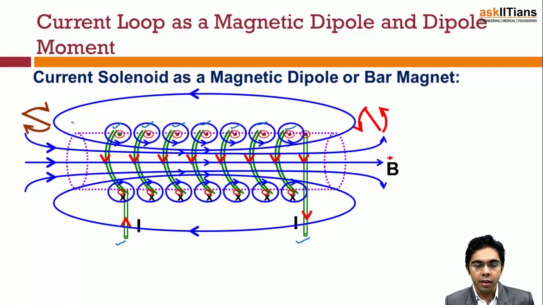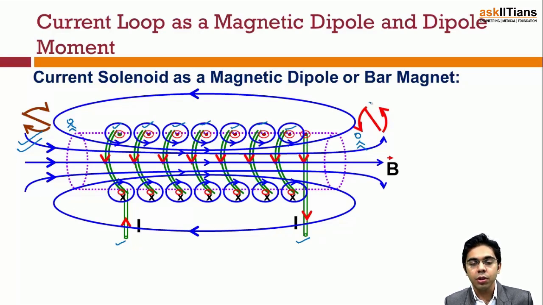Now if we look from this side, it will look as if the current is moving in the clockwise direction. Clockwise direction, therefore this side will act as the south pole. And if the observer is over here, the direction of the current will look as if it is moving in the anti-clockwise direction.